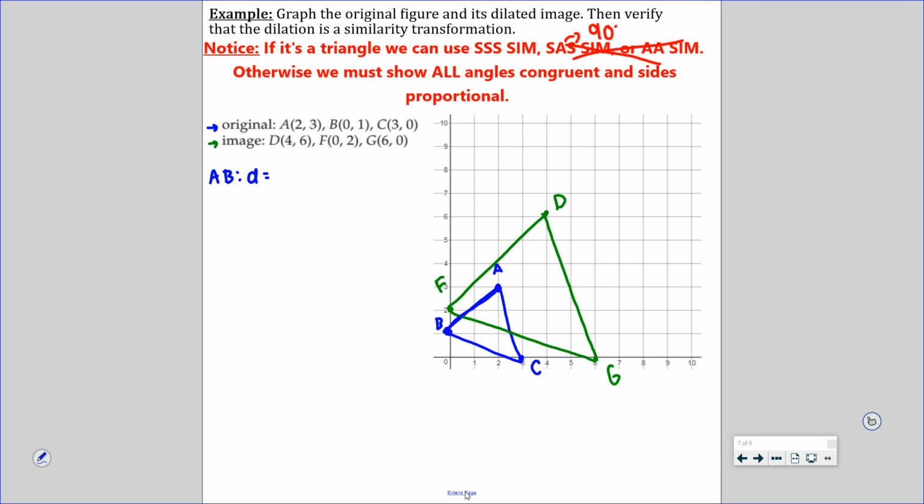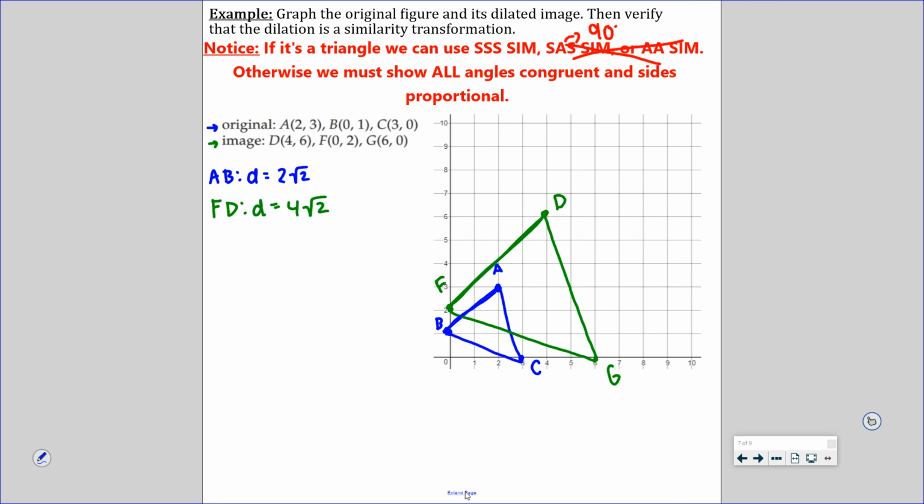And 2, it makes these problems a lot easier if you write them as simplified radicals. So the square root of 8 reduces down to 2 root 2. As I mentioned, you'll get some more practice in your homework. AB corresponds to FD, so I'm going to write that one right underneath it. That distance, I got the square root of 32, so it was 4 root 2.